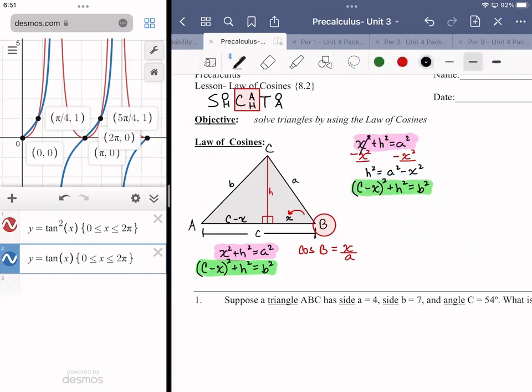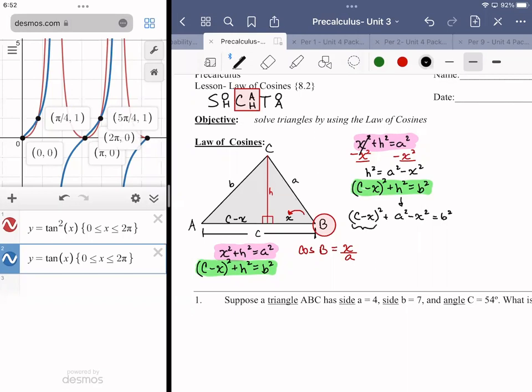Now I can replace the h squared with an a squared minus x squared. So now I don't have the h anymore. I don't have to worry about the height. I would have to distribute this out.